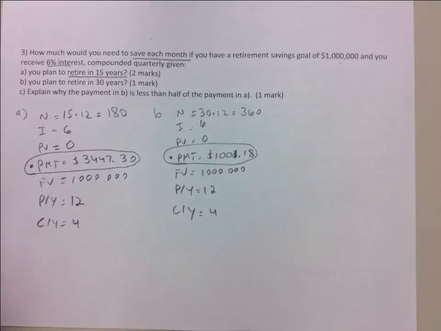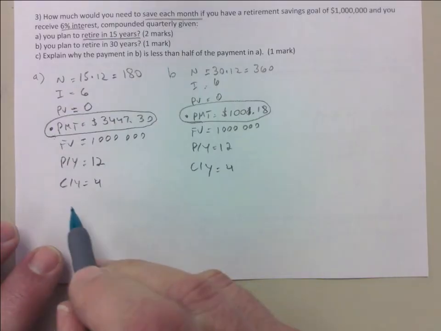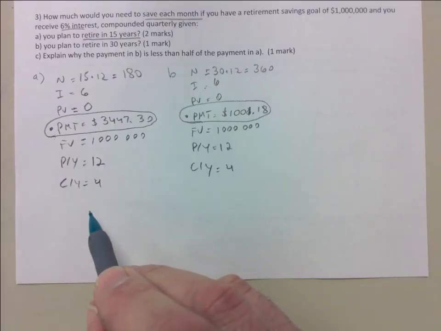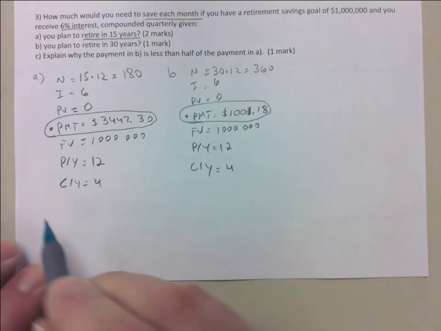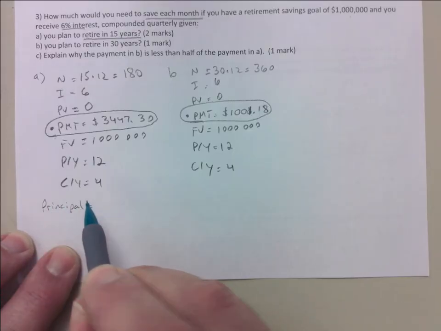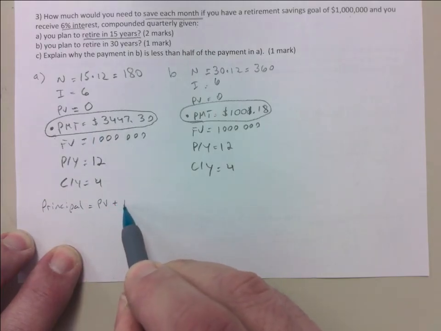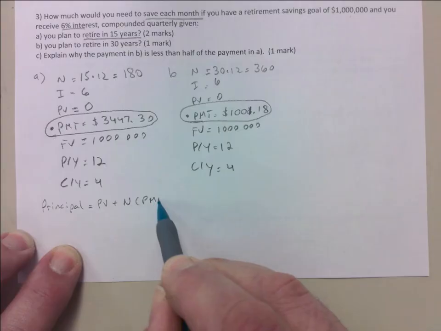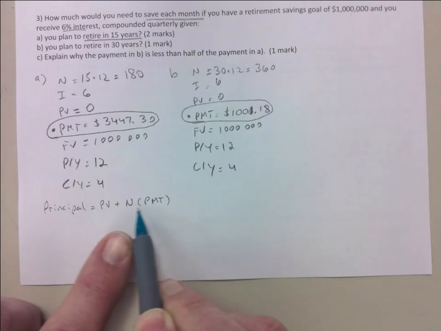I know this isn't asking you for it, but let's figure out how much money did we put in here from our own money and how much should we put in here from our own money. So what we call that the principal. Principal is PV plus N times PMT. Like what you put in at the very beginning and all the payments you've made.